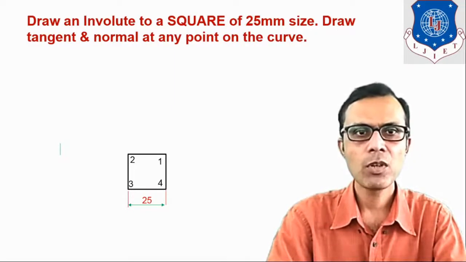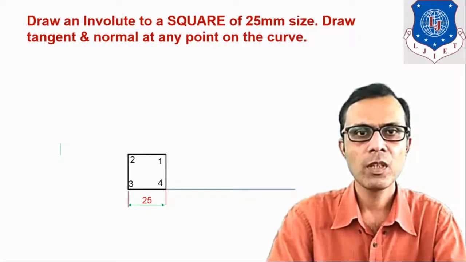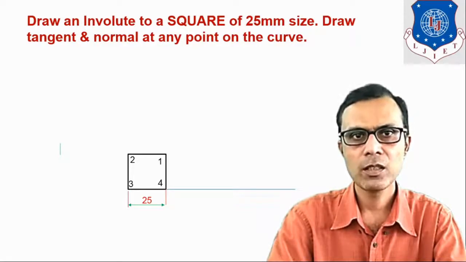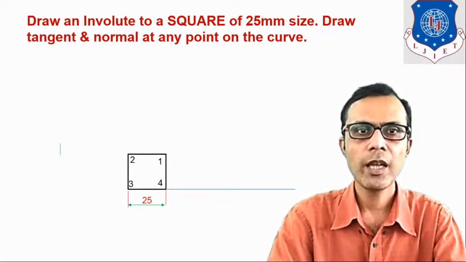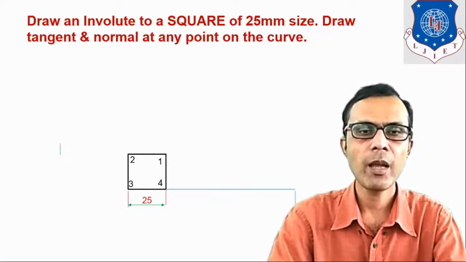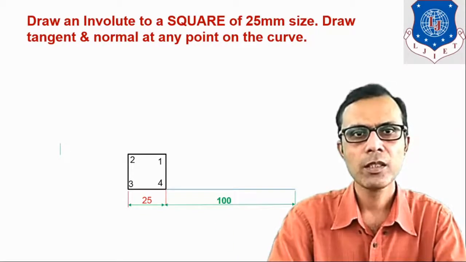It will be equal to the perimeter, that is 25 into 4. So the required length of string is 100 mm. From corner number 4, from where we are beginning to wound the string, we have to take a length of 100 mm.